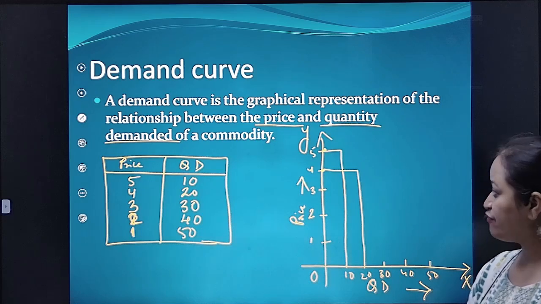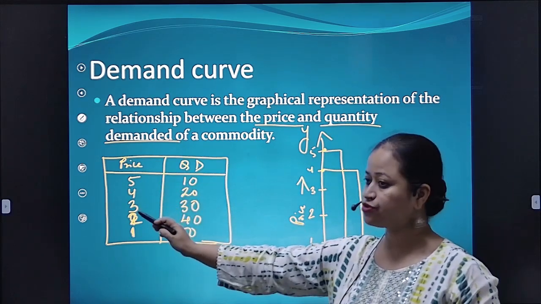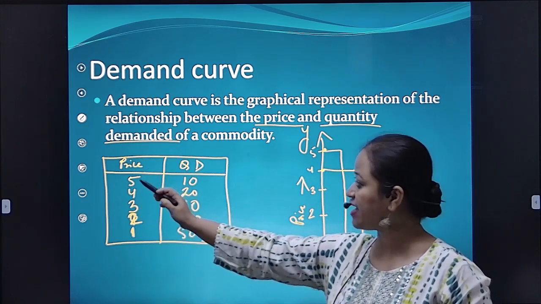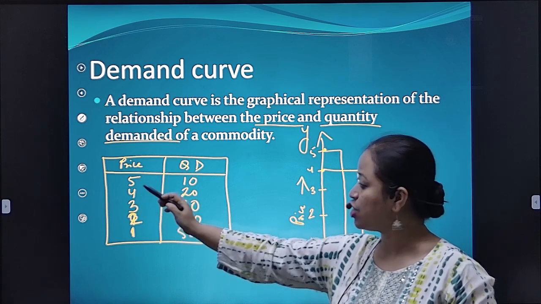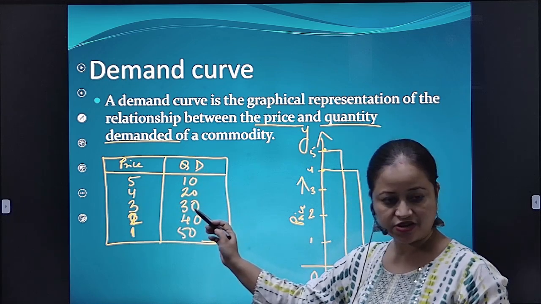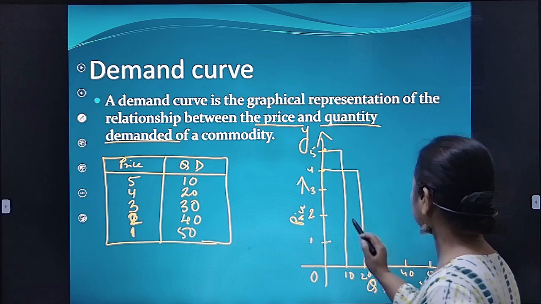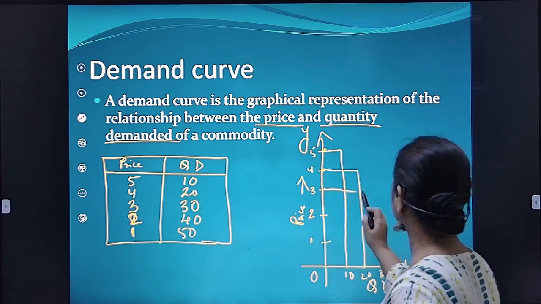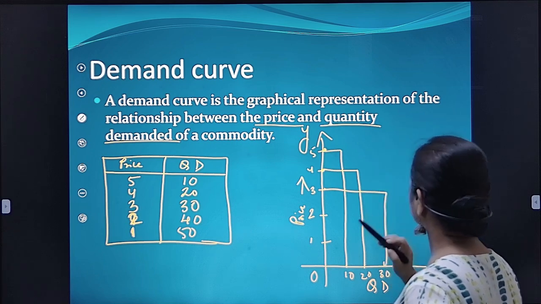Fine? And when price will reduce to 3, price jumps from 5 to 4, and 4 to 3 now. When price will reduce, demand is increasing. Okay, demand is increasing to 30. So when price is 3, demand is 30.